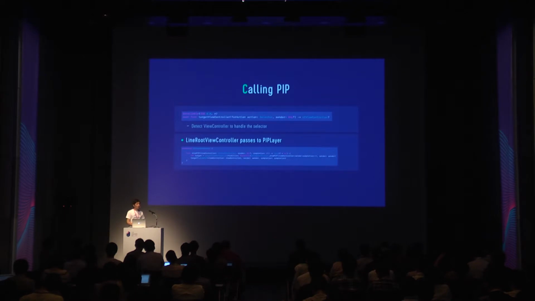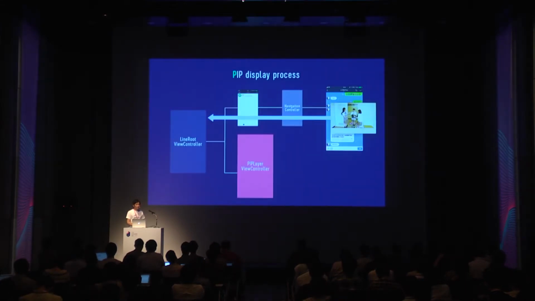Luckily, we added this line root view controller. Therefore, the handover to the PIP layer was now to be done by line root view controller. And the UI view controller has this extension, and we added the show PIP method, and therefore PIP can be called anytime.